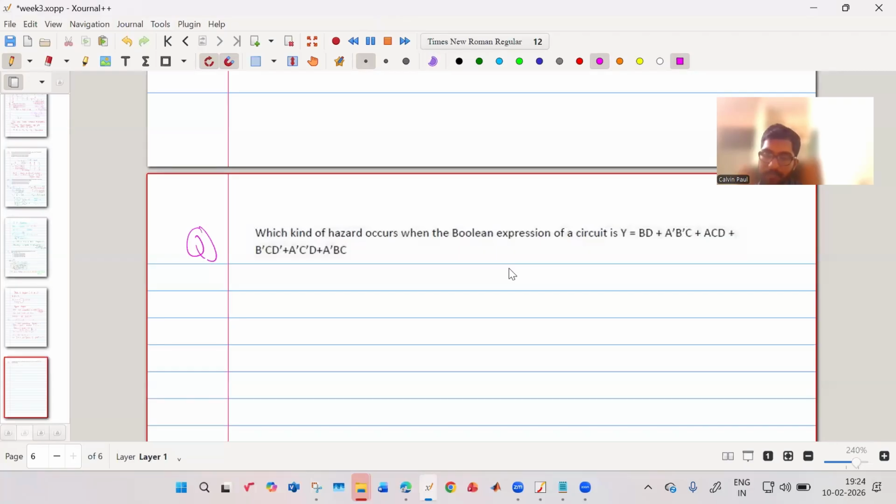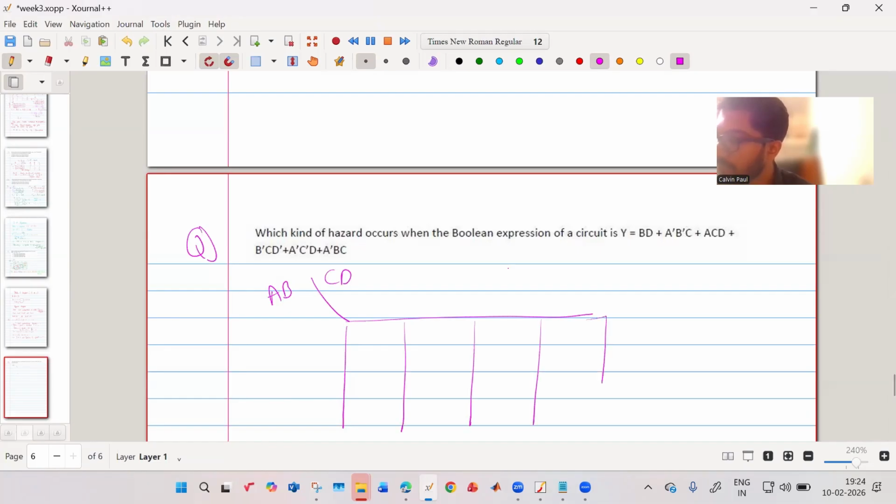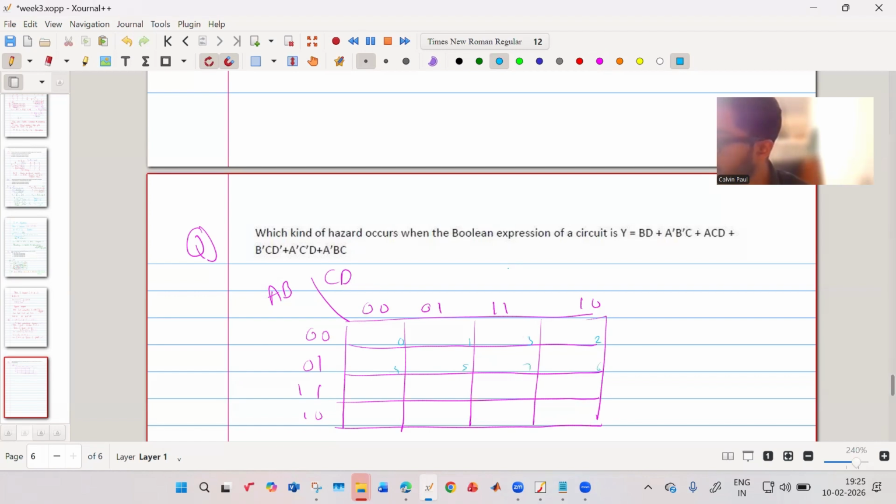Correct, so let us do the K-map. We have AB and CD, with the cells numbered 0 through 15.